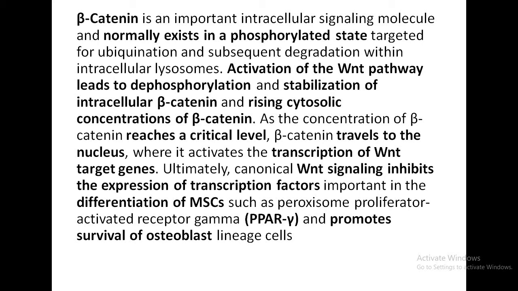Then it activates the transcription of WNT target genes. And WNT signaling inhibits the expression of transcription factors important in the differentiation of MSCs, such as PPAR gamma, and promotes survival of the osteoblast lineage cells.